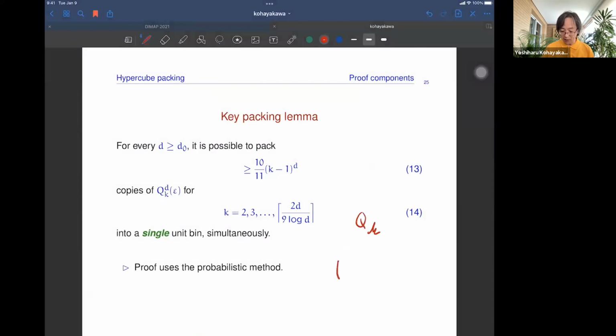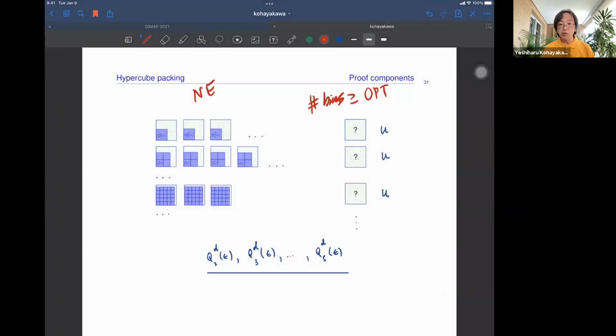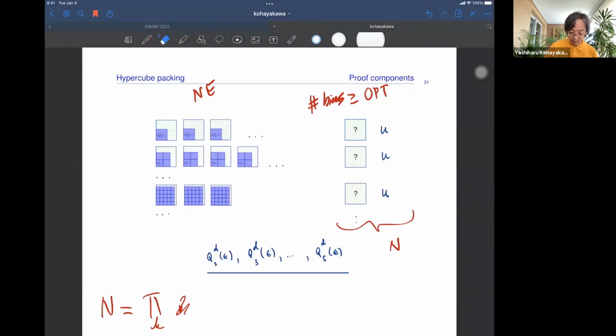So let me call this packing U. This packing U is like this: it is a unit bin, and you have a bunch of these QKs in it, right? So I have U here on the right, and I have question marks because I don't know what they look like. But it's the same packing several times. The number of times I have here is n, where n is the product over k of nu k.